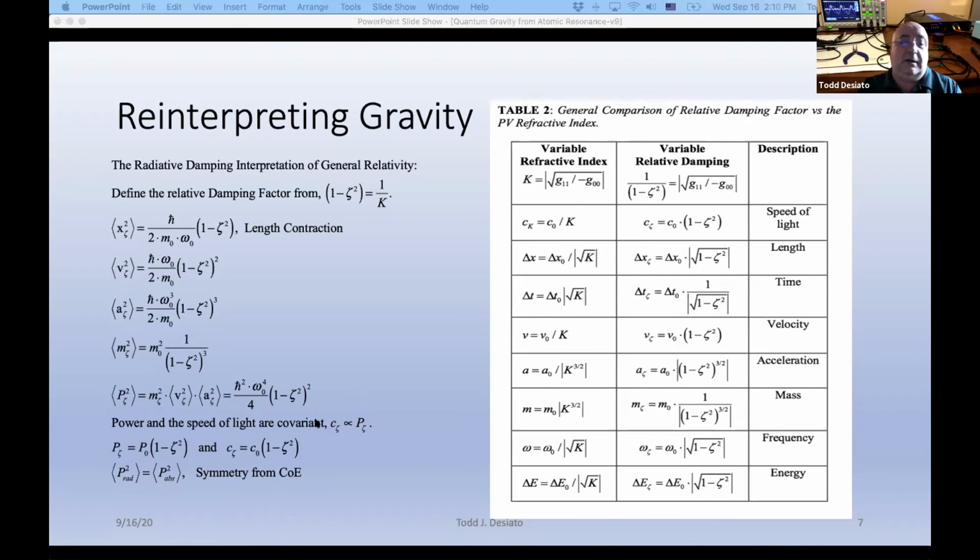It's important to note that in these equations the coordinate speed of light and the power are covariant with the damping factor, so both vary in the same way as the damping factor. And so whatever relationships between length and time and velocity exist are identical using a damping factor instead of a refractive index.